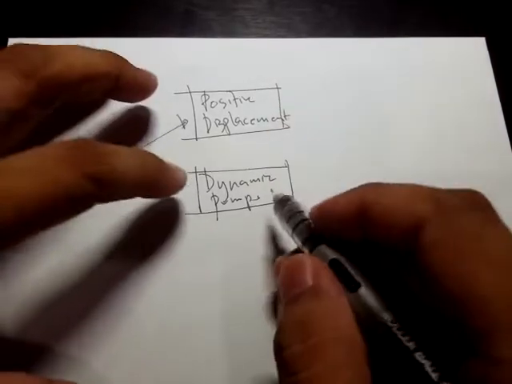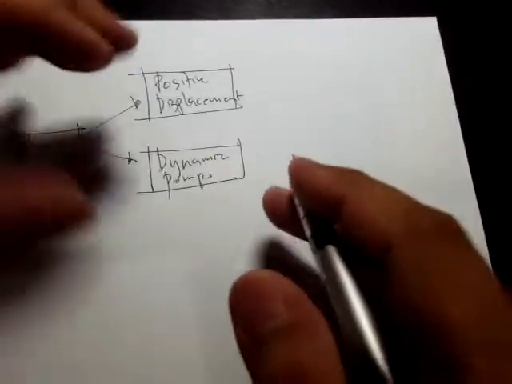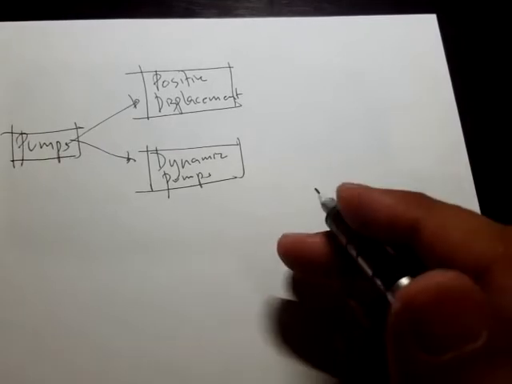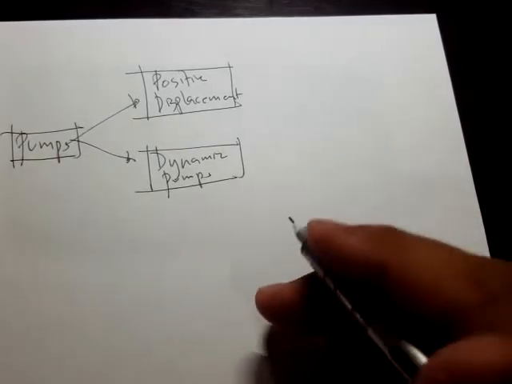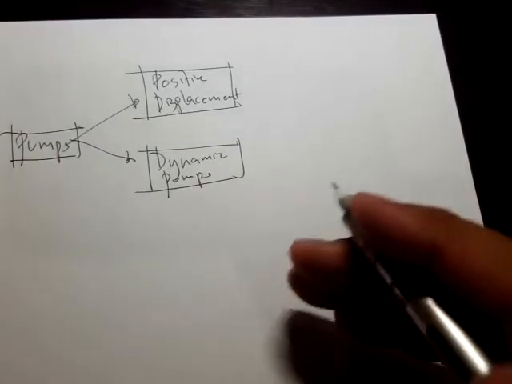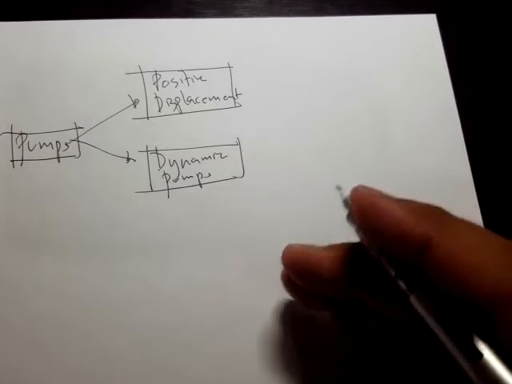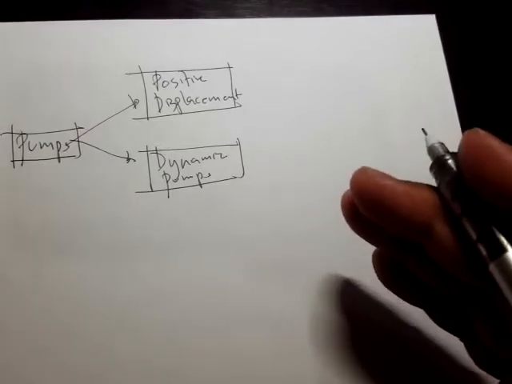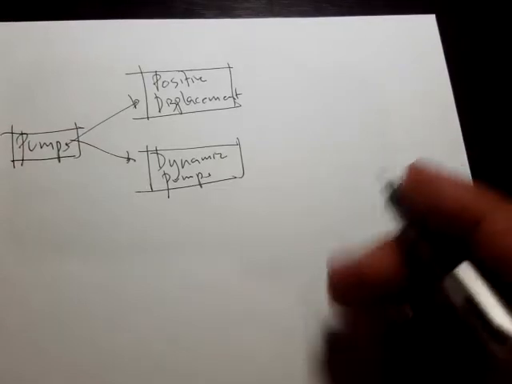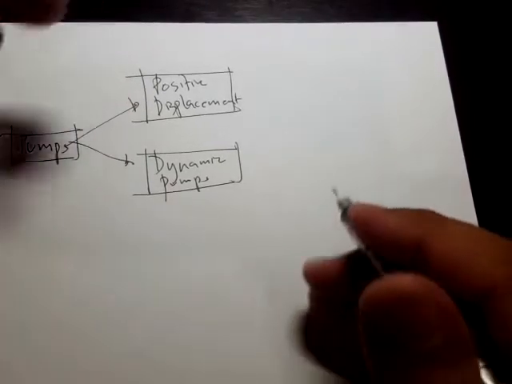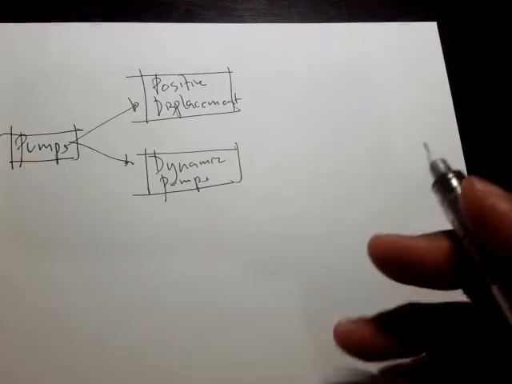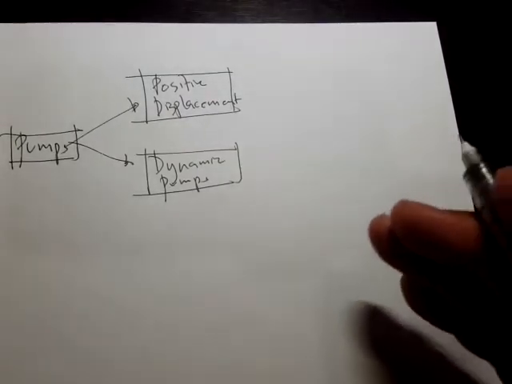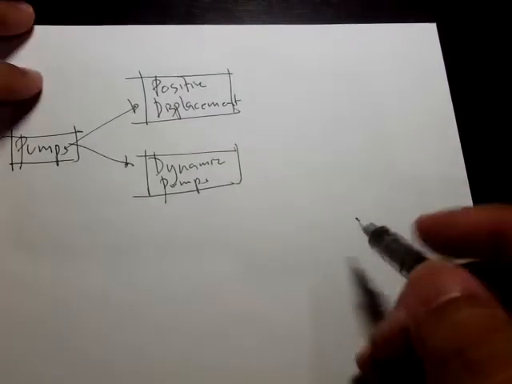Because when you say dynamic pumps or kinetic pumps, that means it adds energy by actually applying some force, and the intention of that force is to increase the momentum or increase the speed of the fluid as it travels in that pump.